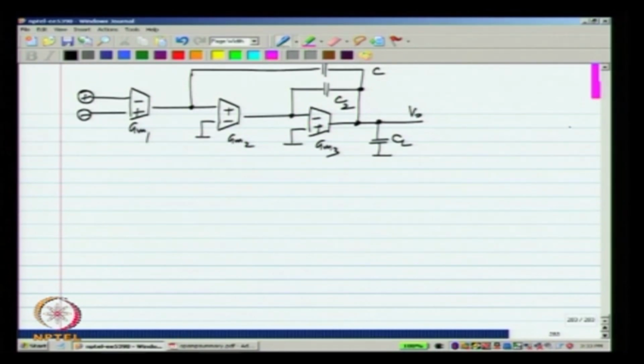Now, how would we go about implementing this? It is a simple extension of the 2-stage op amp that we have.